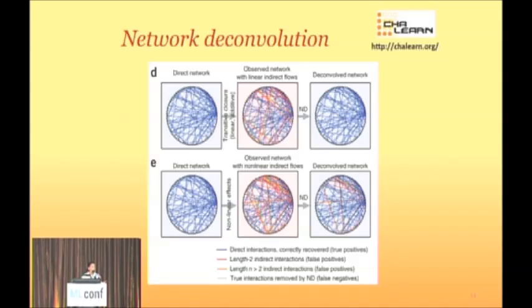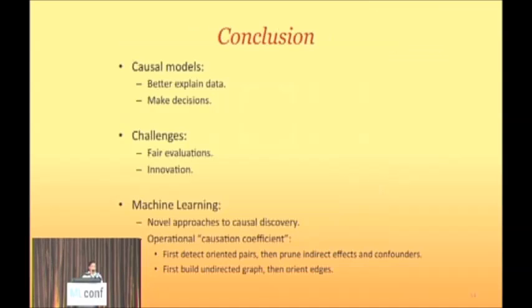And then after running this network deconvolution, you remove the spurious edges. So it's perfect on the first line because the method has been tuned for linear models, and so it's completely removing the spurious connections in the case of linear models. And in the case of nonlinear models, the second line, it does a pretty good job, but there are a few remaining edges.